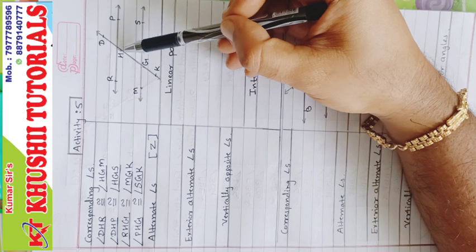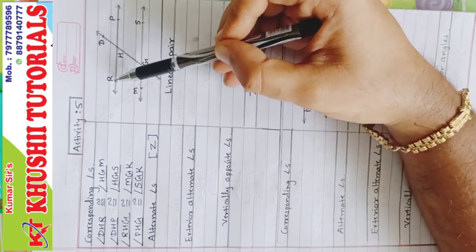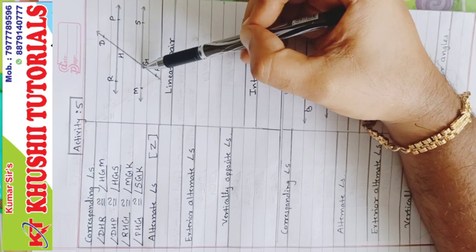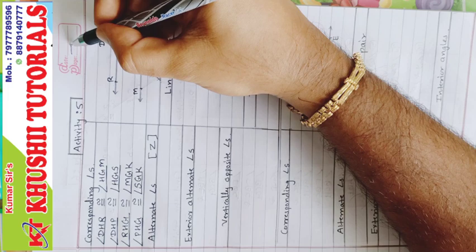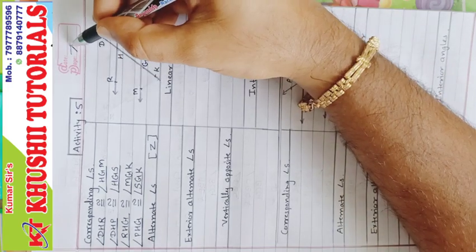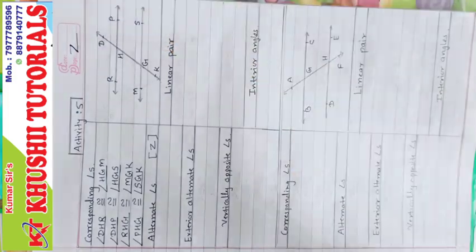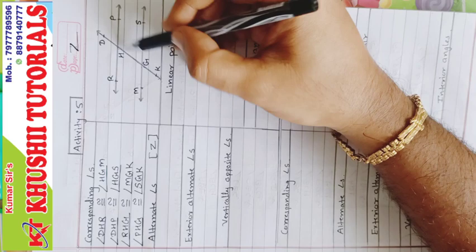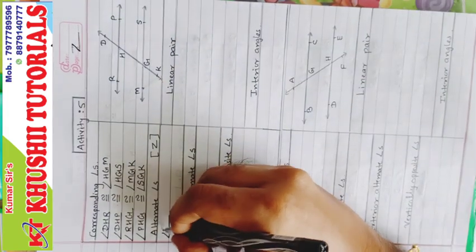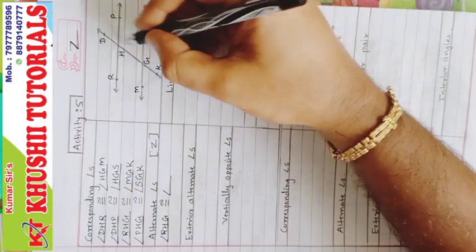RHG and HGS. I'll repeat, RHG and HGS. First part will be this, second part will be on the other side. So two angles: the first angle and the second angle. Angle RHG is congruent to angle HGS.